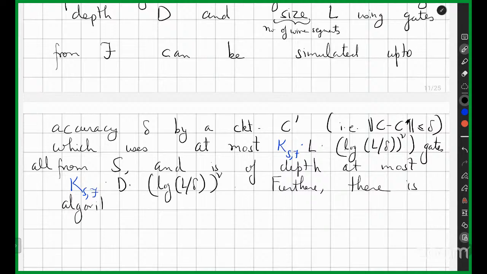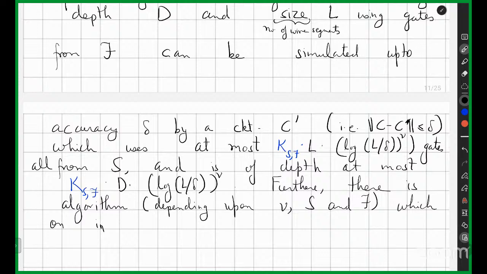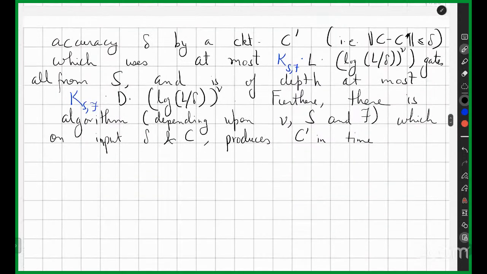Depending upon the input C, the algorithm produces a description of C prime, like a drawing of C prime, in time.